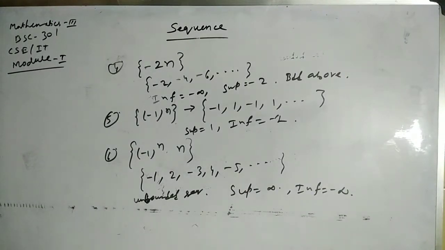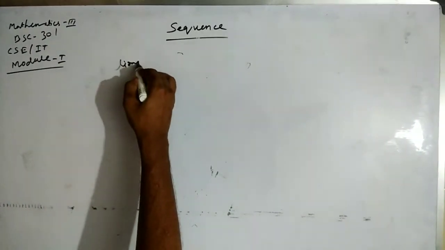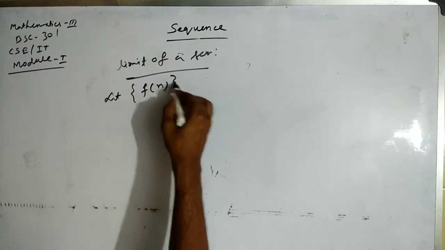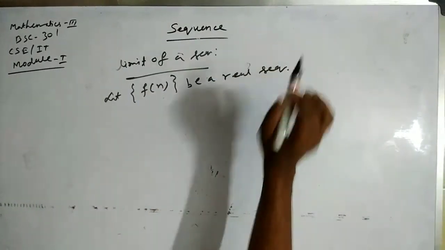Okay, next I'll tell you the definition of limit of a sequence. So the definition is, let Fn be a real sequence.